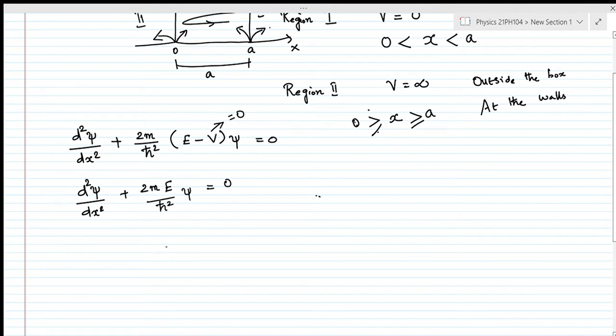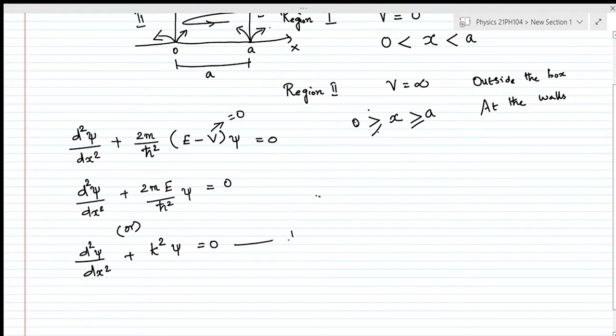Now, for the second order differential equation, we need to get a solution. This equation can also be written as d square psi by dx square plus k square psi is equal to 0.